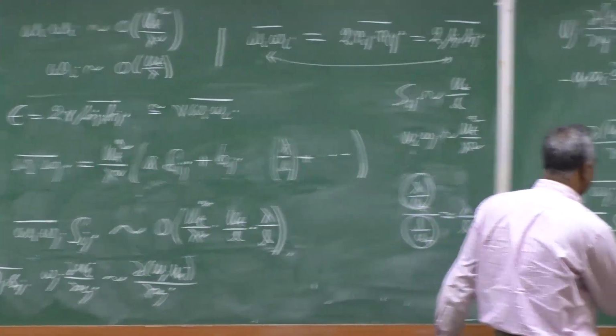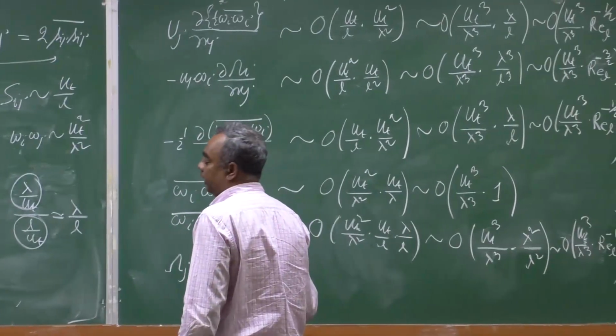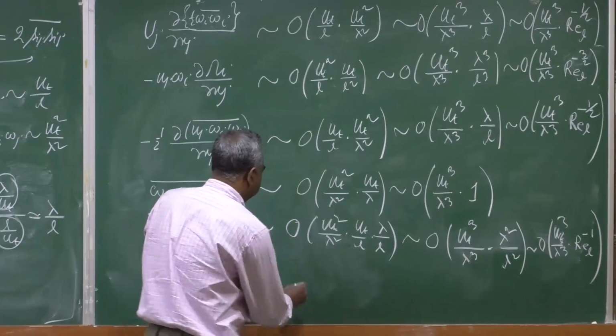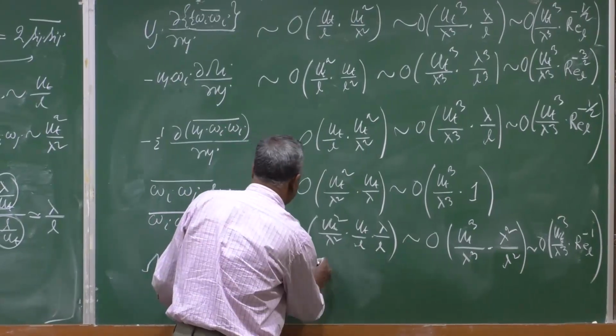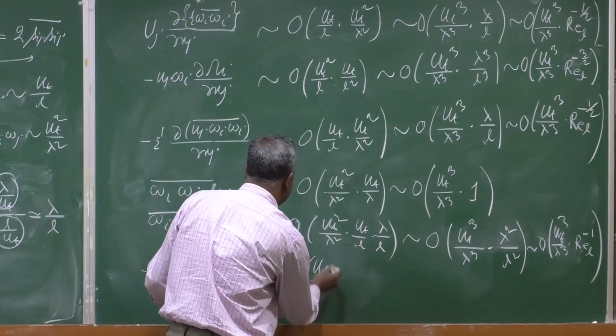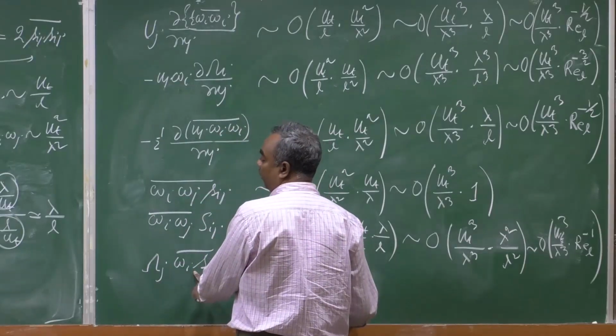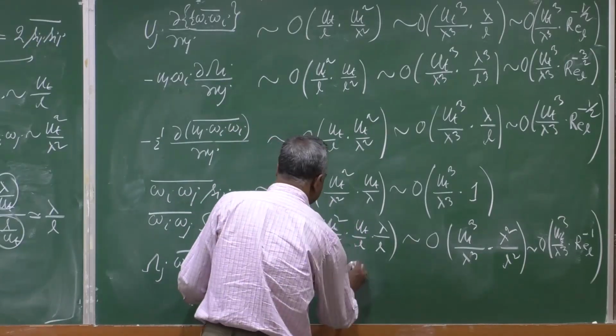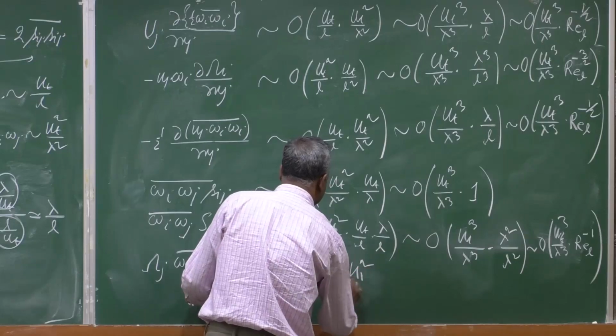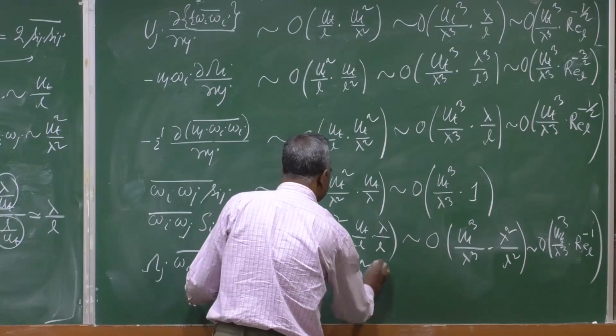Okay. So, the order of magnitude of this particular term is essentially the order of u_t by L into the Reynolds stress gradient, that means u_t square by L square. Okay.